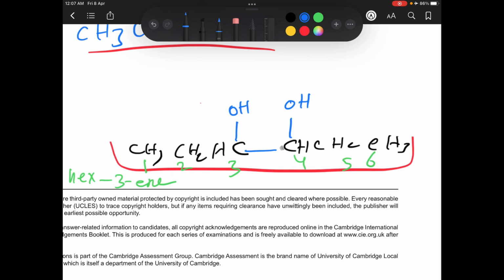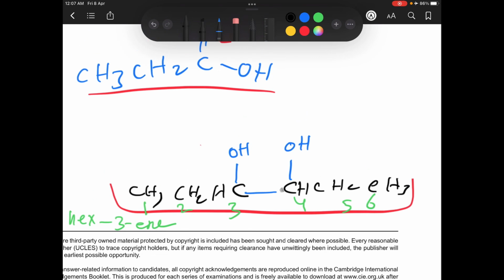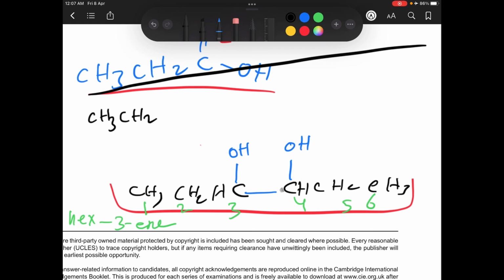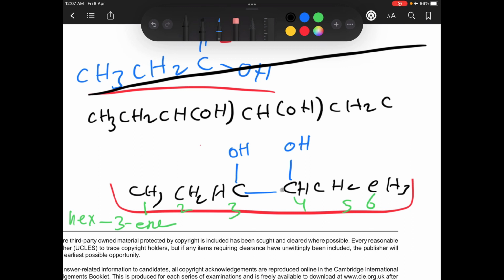If I want to translate this to a structural formula, you will draw CH3, CH2, CH, and you have to open a bracket and put the OH, and then you have CH, and we have another OH in this case, and CH2, CH3. So this is the structural formula of the compound. If you look at this carbon here and here, do we have chiral centers?